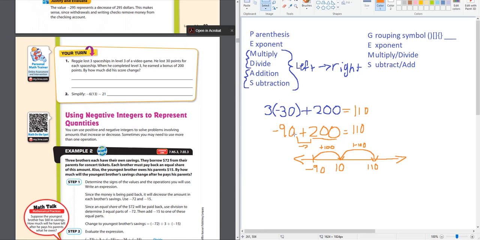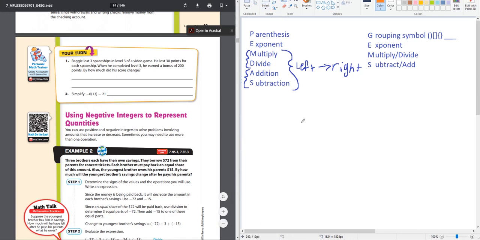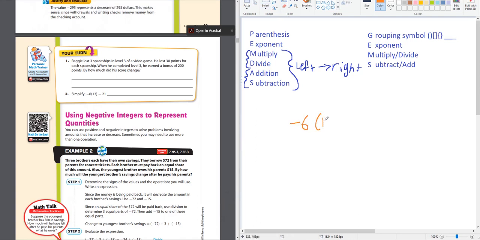Okay, we'll do another one. Here, they kind of already gave us the expression. So negative 6 times 13 minus 21. We'll do this one now. Parenthesis, again, there's nothing really to do inside this parenthesis. It's already pretty much finished. There's no exponent.